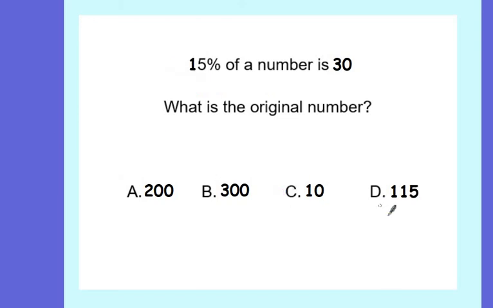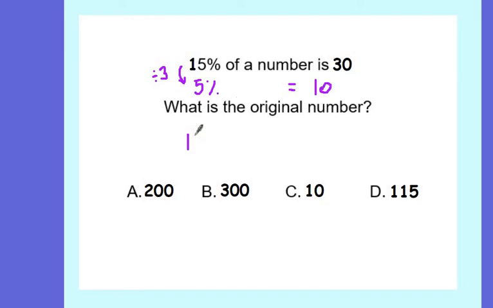How about now then? Pause the video, have a little think. Let's try and find that 10% again. If I divide it by 3, I can work out what 5% would be. So 5% is 10.